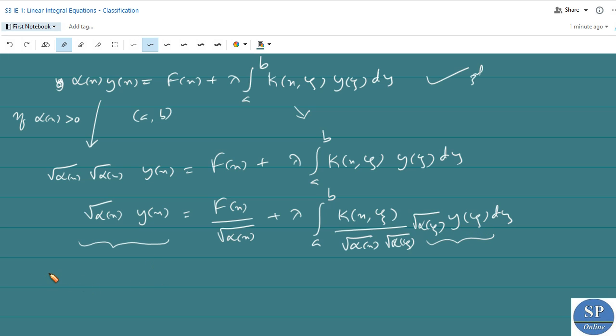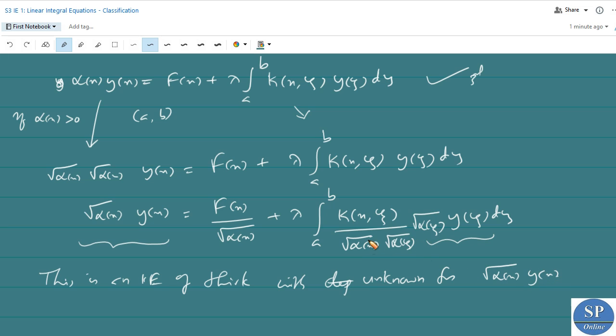So this is an integral equation of the third kind with the dependent variable, or the unknown function, square root of alpha x into y of x. Clear? And this kernel is changed to k of x zeta divided by square root of alpha x into square root of alpha zeta.